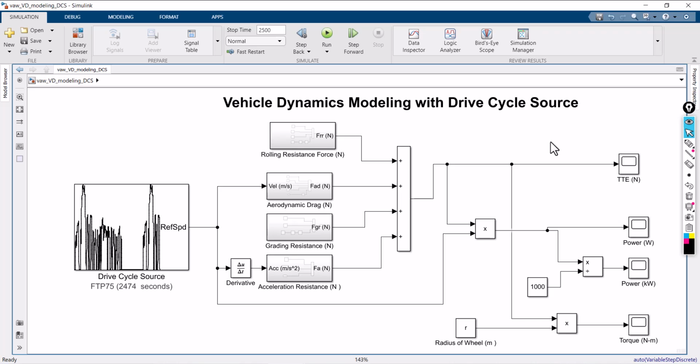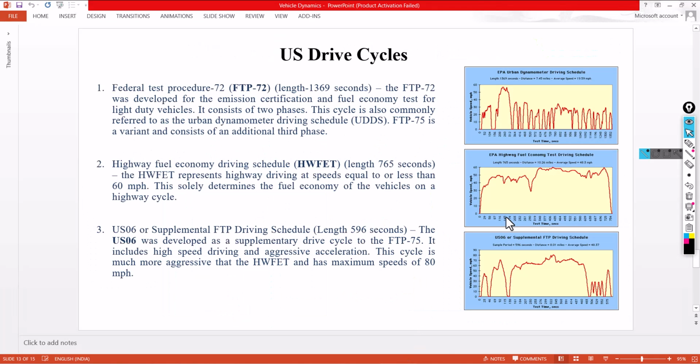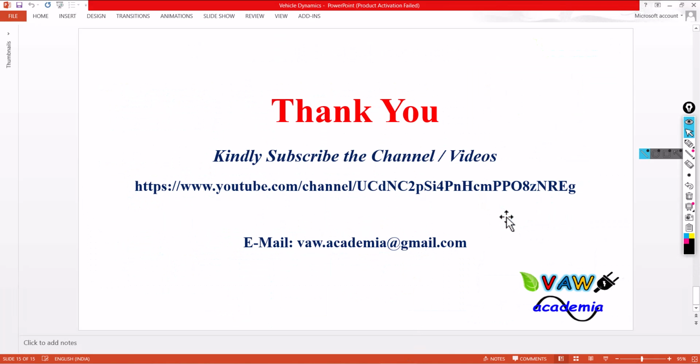Then that machine will satisfy all driving conditions. I hope this video will greatly help you to know about vehicle dynamics modeling with the help of Matlab and the study of drive cycle source.